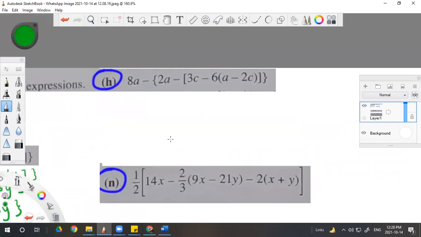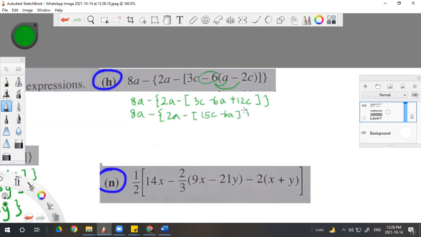Lihat ya. Innermost bracket 6a and this, right? So we can 3c minus ya, jangan lupa ada minus ya. Minus 6a minus 6 times minus 2 plus 12c. Tulis ulang semuanya. Oke, pelan-pelan aja nih. So 8a minus 2a, ada yang lagi di dalam nih. Oh, oke, ada yang like terms. So if you have the like terms, combine 15c minus 6a, right?